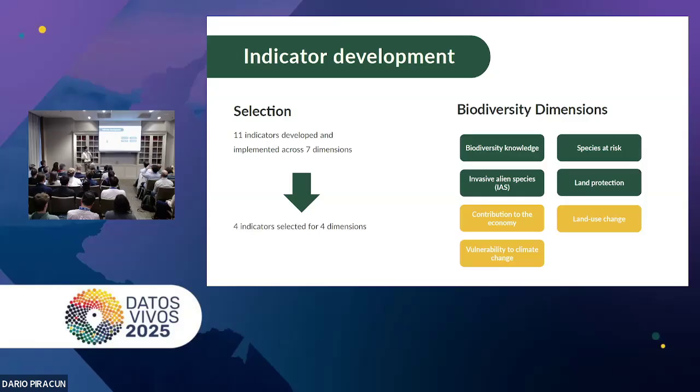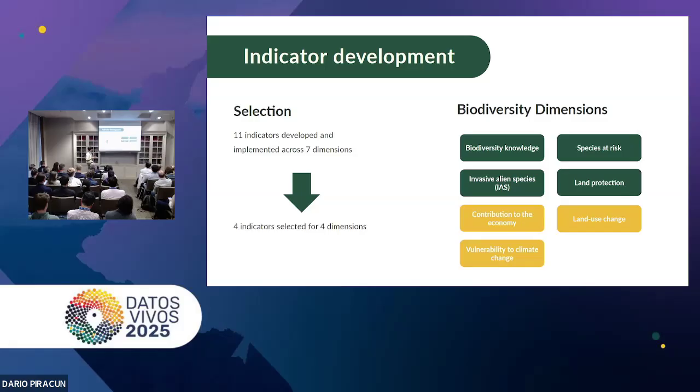So, the selection process of the indicators. At first, we selected 11 indicators that we had implemented and observed. And those are across 7 dimensions of biodiversity that may or may not be related to EBVs, but some of them are very well known, such as species at risk population, invasive alien species, and land protection.